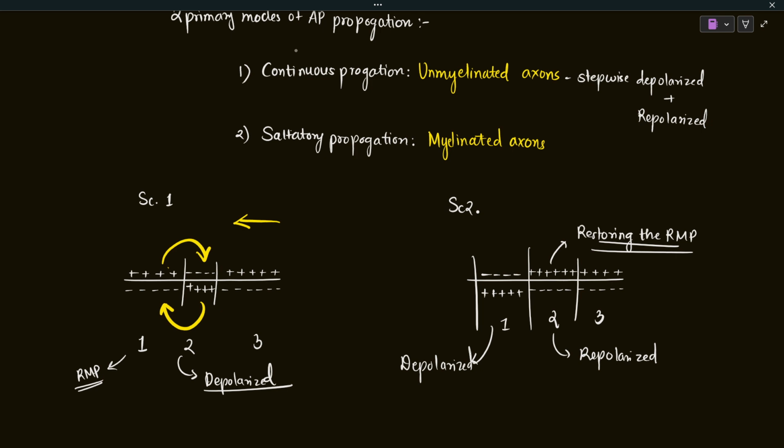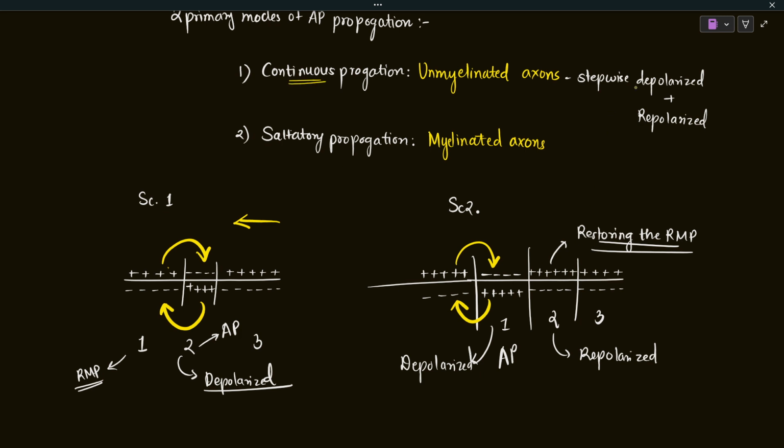This is how the action potential propagates: the action potential which was generated in the second segment is now propagated to the first segment. This will continue, and the other segments have the resting membrane potential. The ion flow will be the same, from positive to negative, and this is how the action potential will be propagated. These scenarios are seen during continuous propagation.